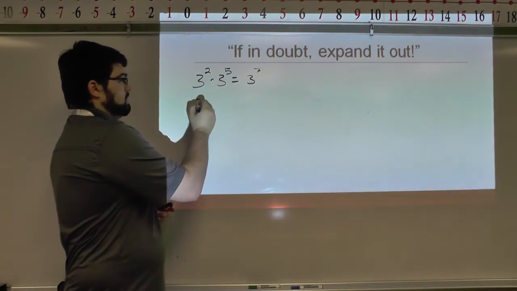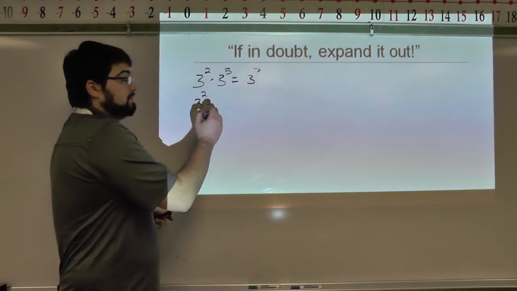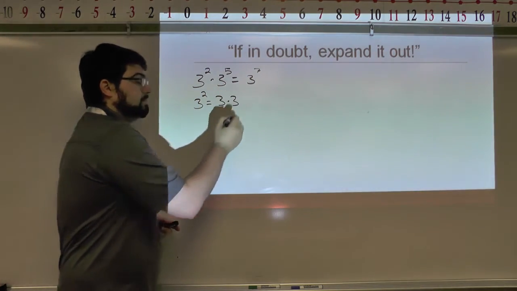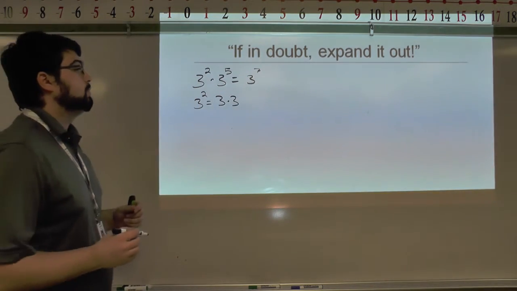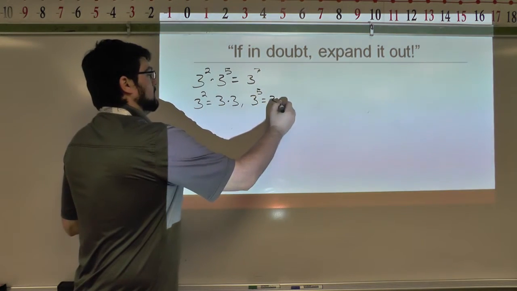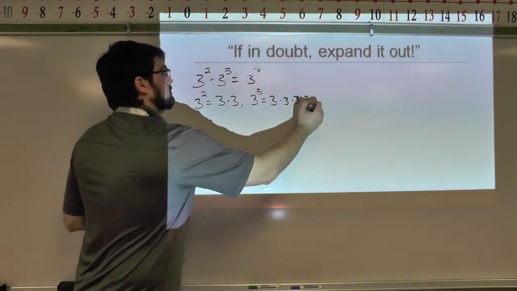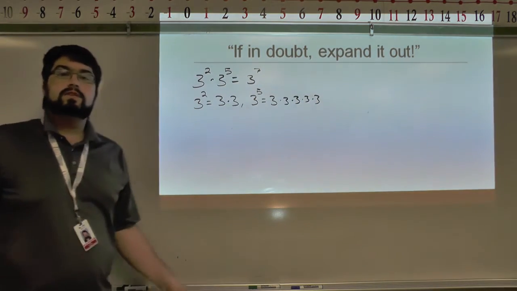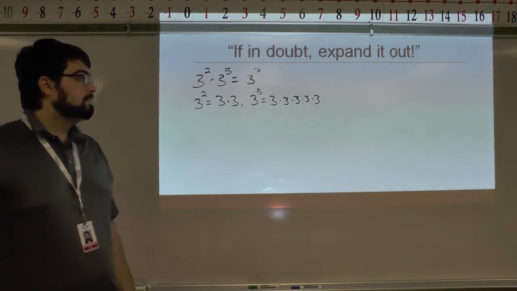Well, I know that 3 squared is the same as saying 3 times 3. That's what x squared is. 3 to the 5th power is 3 multiplied by itself 5 separate times.